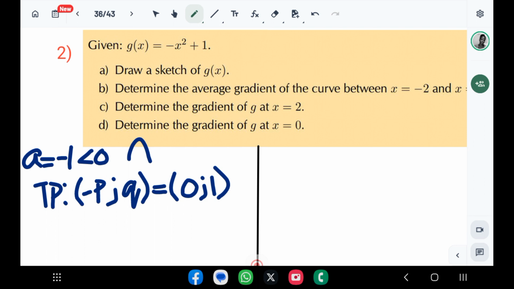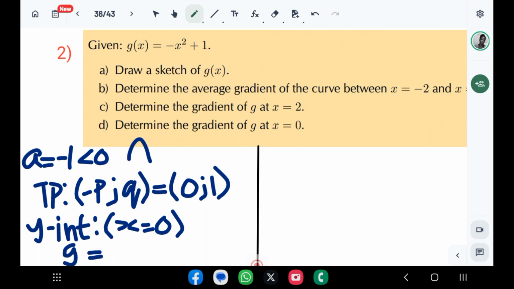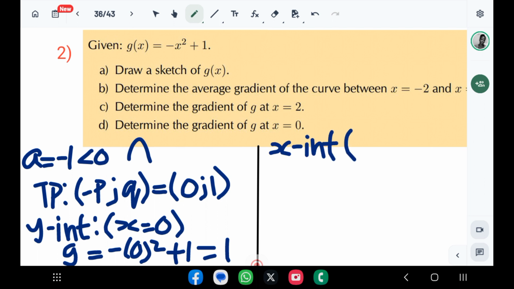And so we've got the turning point, now the y-intercept. To find the y-intercept make x 0. When you make x 0, what do you get? You get g equals negative 0 all squared plus 1, which is equal to 1. Now the x-intercept, you make y 0.